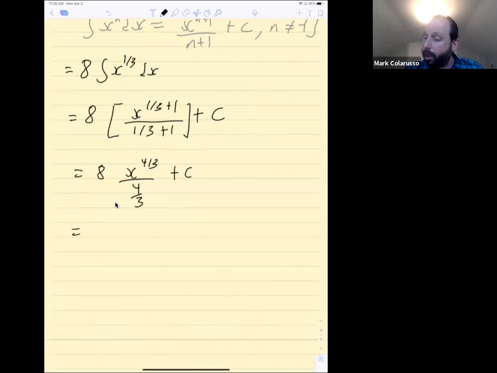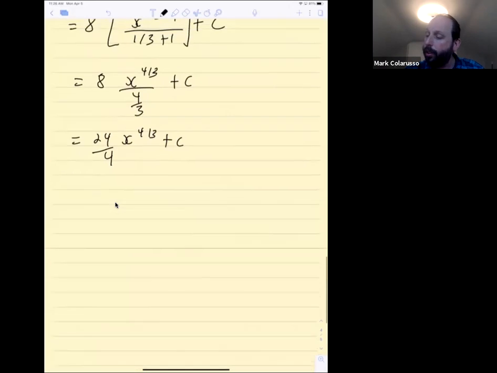And you can do some simplification, right? So this becomes 24 over 4 x to the 4/3 plus c. And this is 6x to the 4/3 plus c.